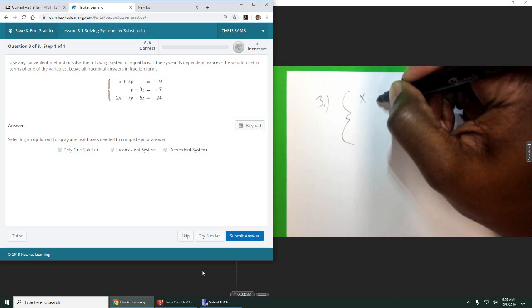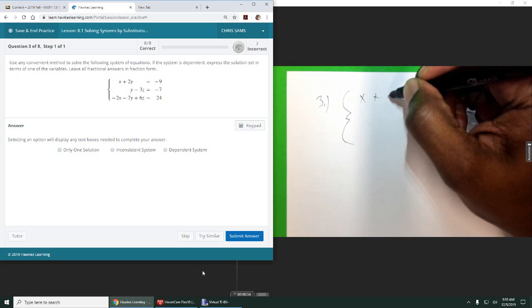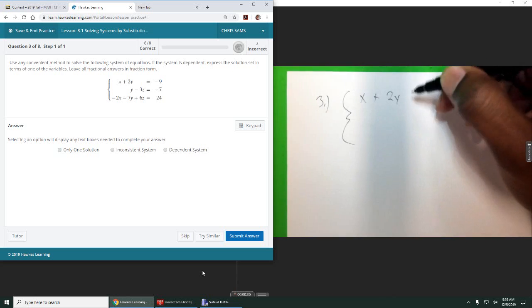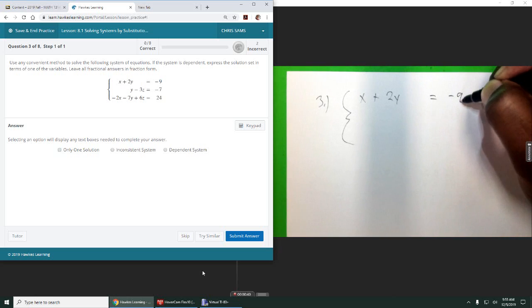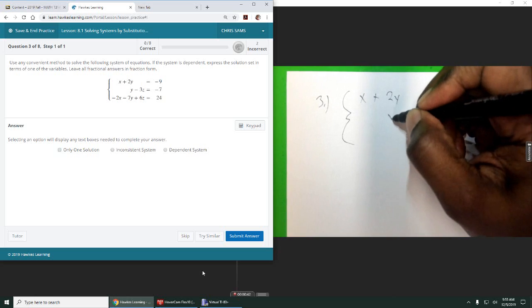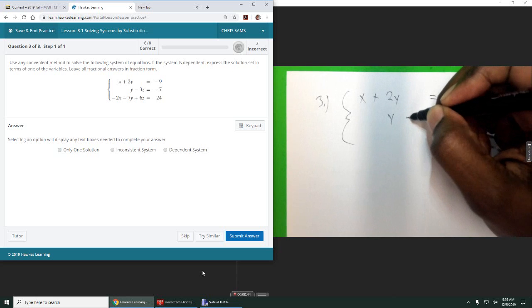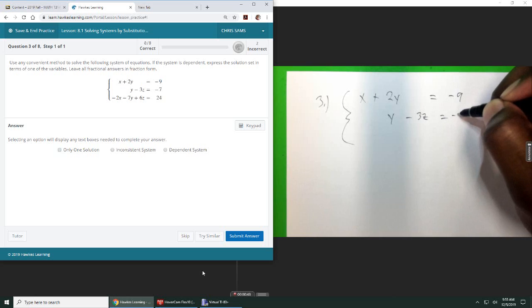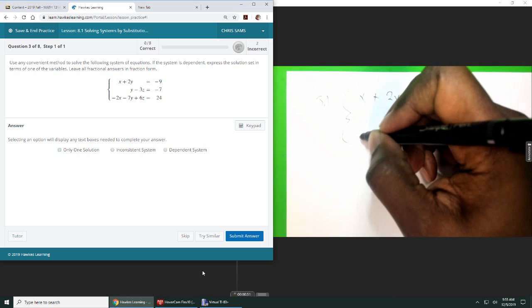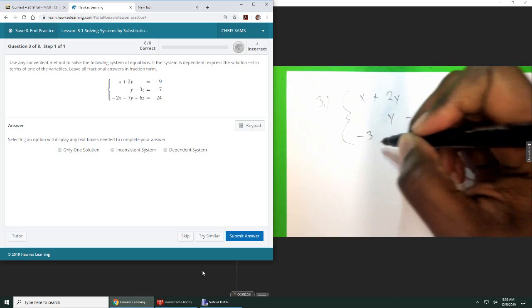So what we first have to do is get it to a system of 2 equations with 2 unknowns. This one is missing the z value, and then the second equation is missing x, and the last equation has all 3 terms.